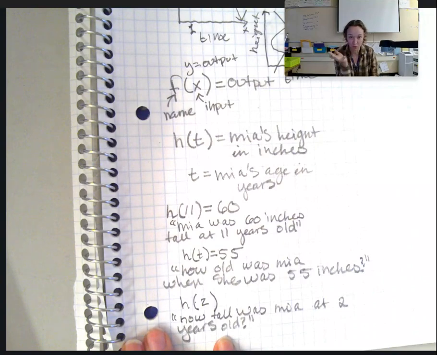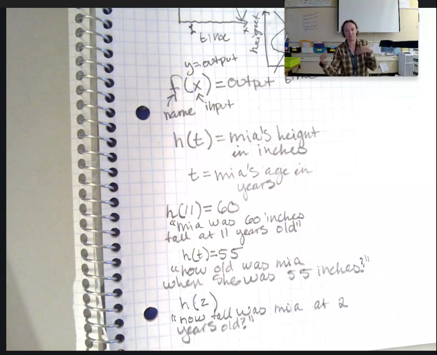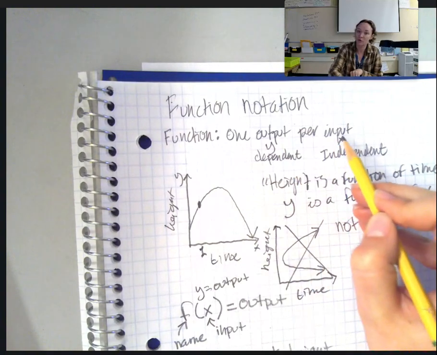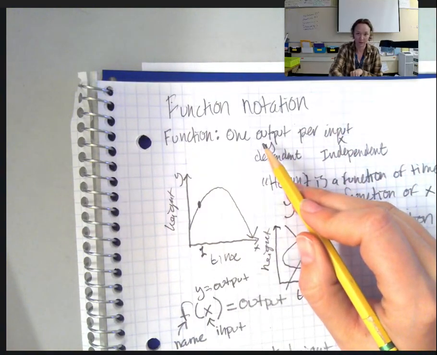When you're 2, you're one height. Now, maybe you're a different height at the beginning versus the end of being 2 years old, but that would be like 2.0 versus 2.9. If we're actually talking about 2, there's only one possible height there. So this is, once again, only one output per input. If the input is 2 years old, there's only one output that's allowed.